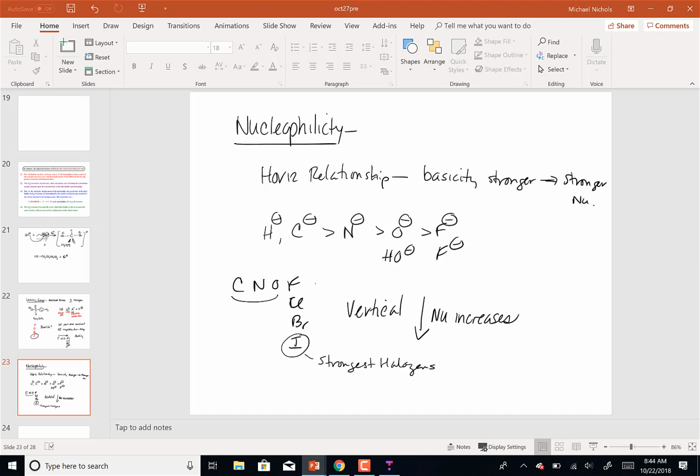Instead, it's about what's called polarizability. So when you go down the periodic table, polarizability increases. And then the question is, what's polarizability? I call polarizability squishiness.